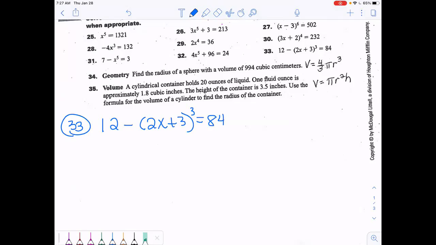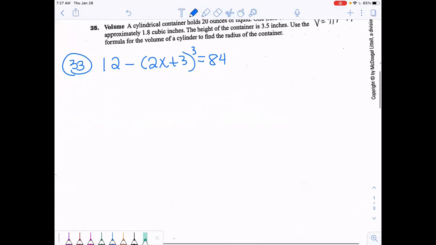So, Julia, what's the first thing we would do if we're trying to solve an equation? Yeah, let's take that 12 to the other side. So subtract 12. And 84 minus 12 is 72.